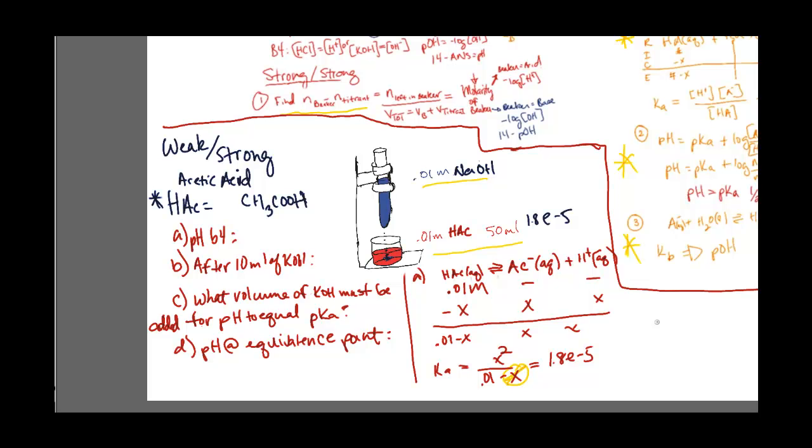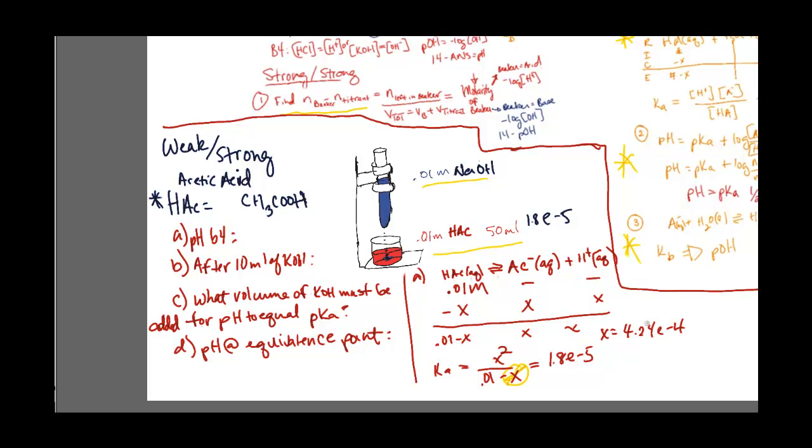Turn on the calculator. 1.8 times 10 to the negative 5 times 0.1 is 1.8 times 10 to the negative 6. Sometimes we become a little too calculator dependent, and then square root. x would then equal 1.34 times 10 to the negative 3.